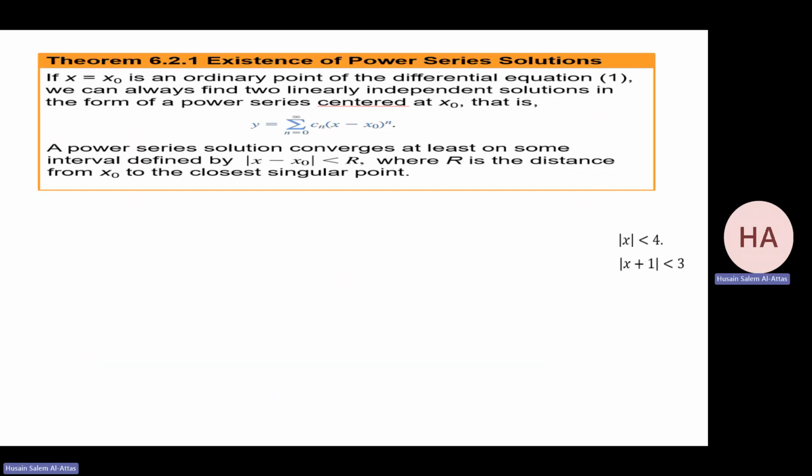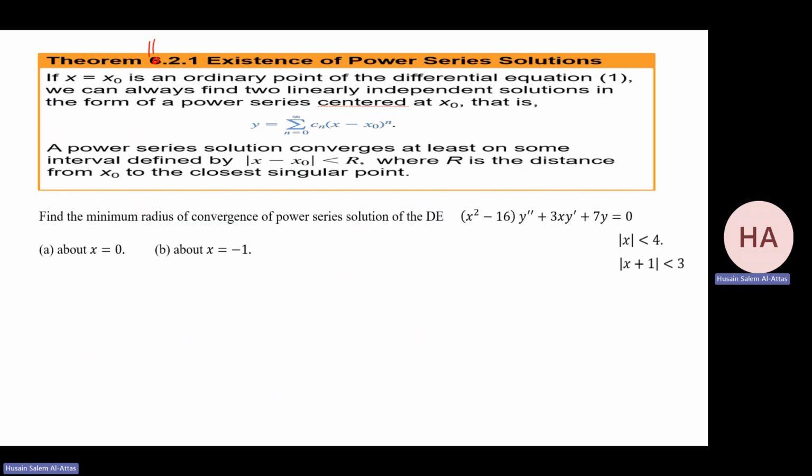Now, in this section, which is 11.2, we are concerned about the ordinary point only. So if x equal x0 is an ordinary point of the differential equation, we can always find two linearly independent solutions.